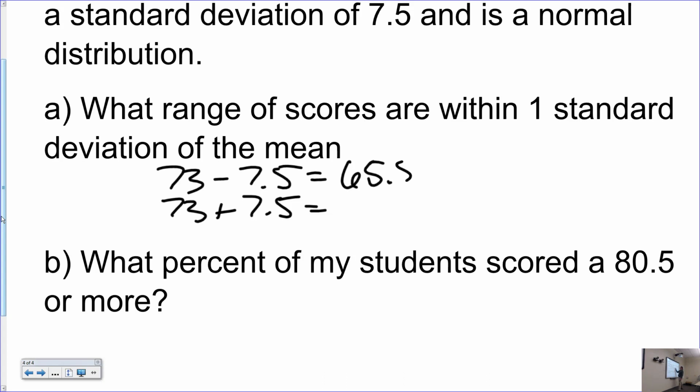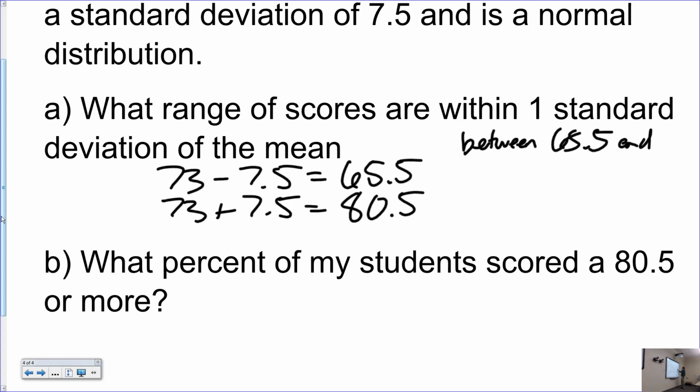Yes. You need the answer to the next question, don't you? So the idea is that the range of scores within a standard deviation of the mean are between 65.5 and 80.5. Between 65.5 and 80.5.